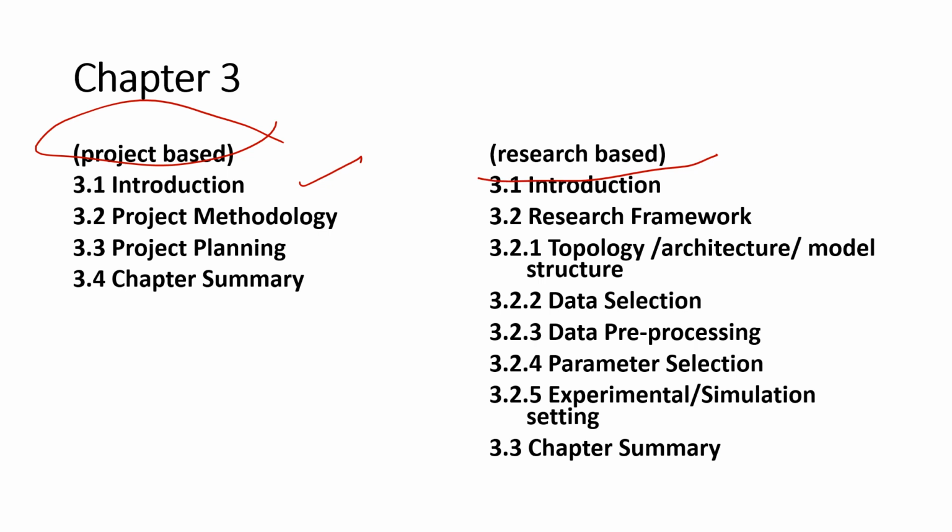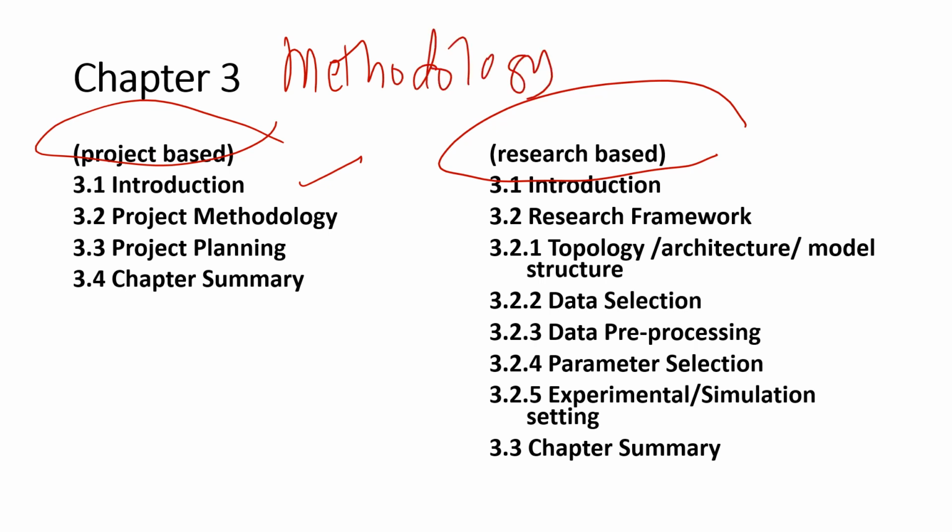For the research-based student, your chapter 3 methodology will be more extensive, because usually you are creating your own methodology, so you need to build your own research framework, followed by the phases you create in your own research framework.